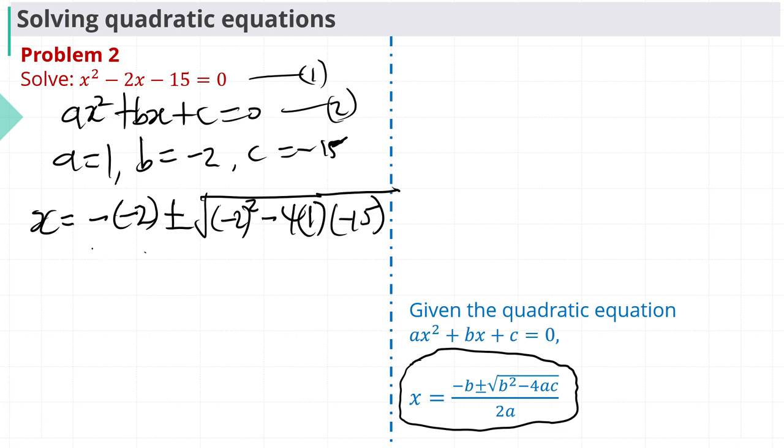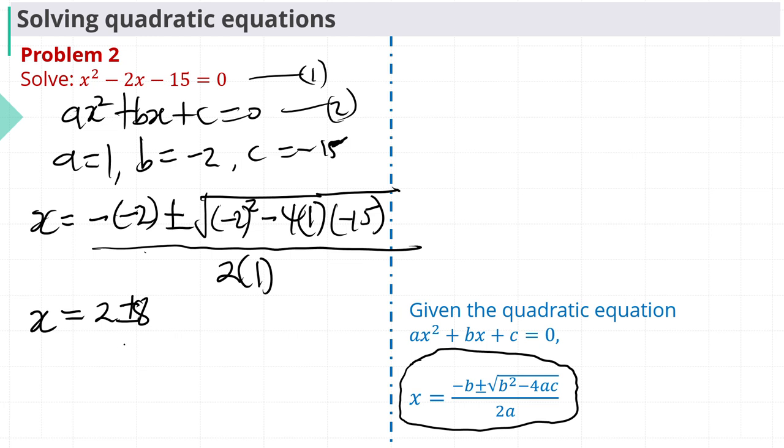Now all this divided by 2a. This reduces to 2 plus or minus 8 divided by 2.